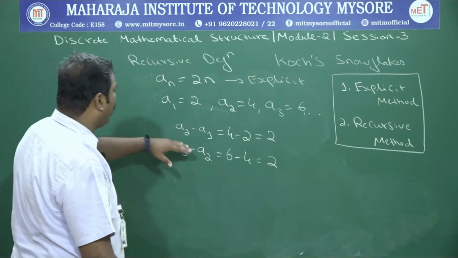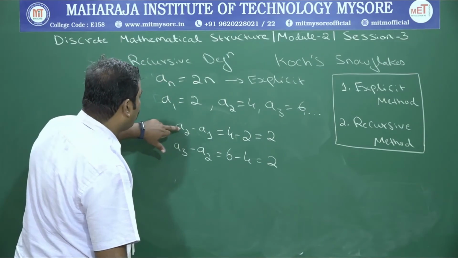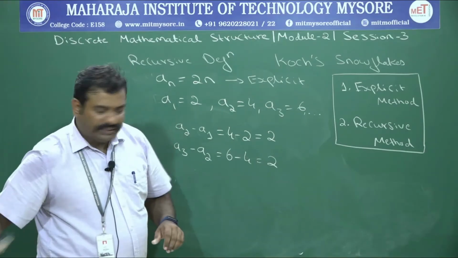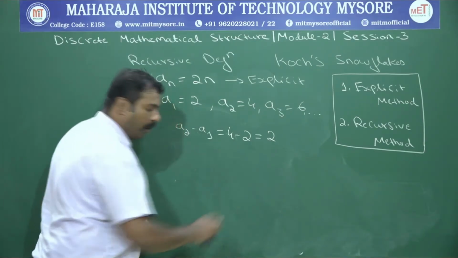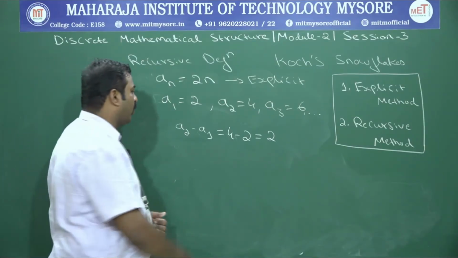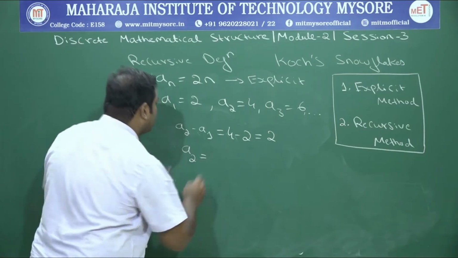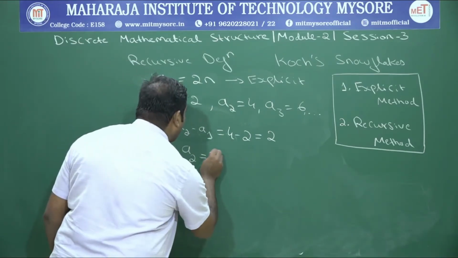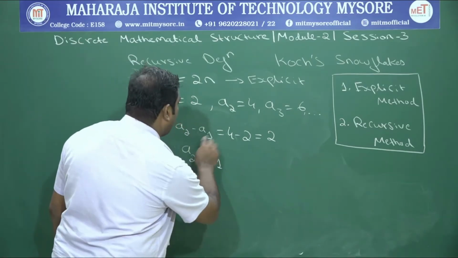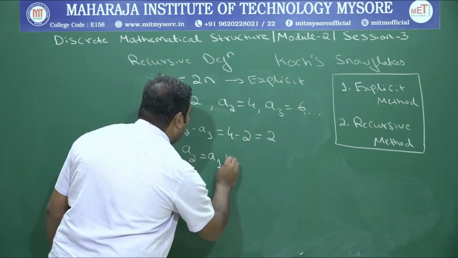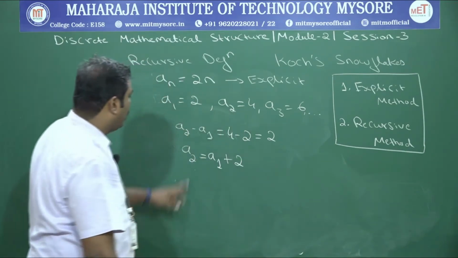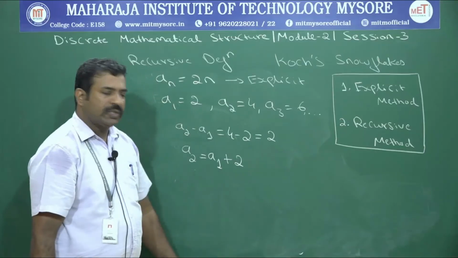So now what I am going to do here is find how to get a2. Now I will just remove this particular form. Check it out later, this will work for a3 also. Now a2 equals, I will shift a1 over here, and I am going to have plus 2. So a2 equals a1 plus 2.